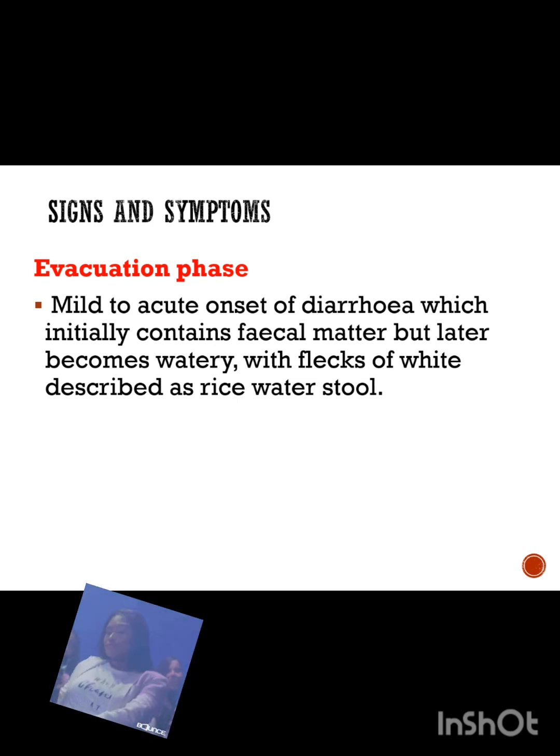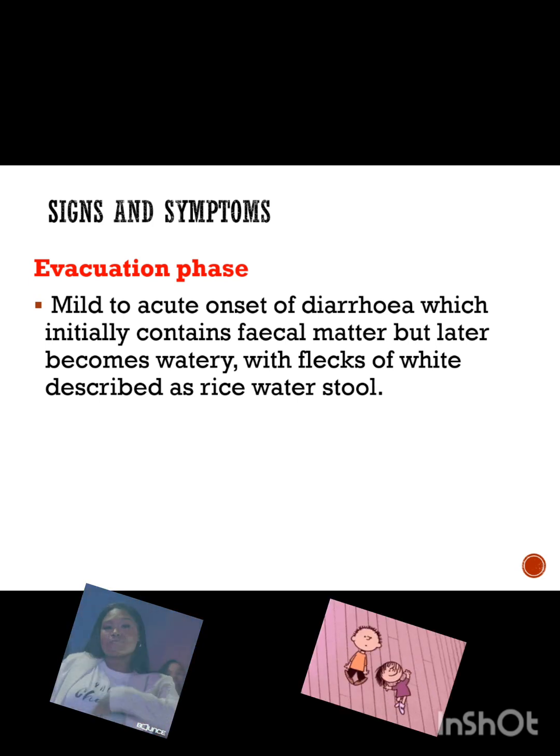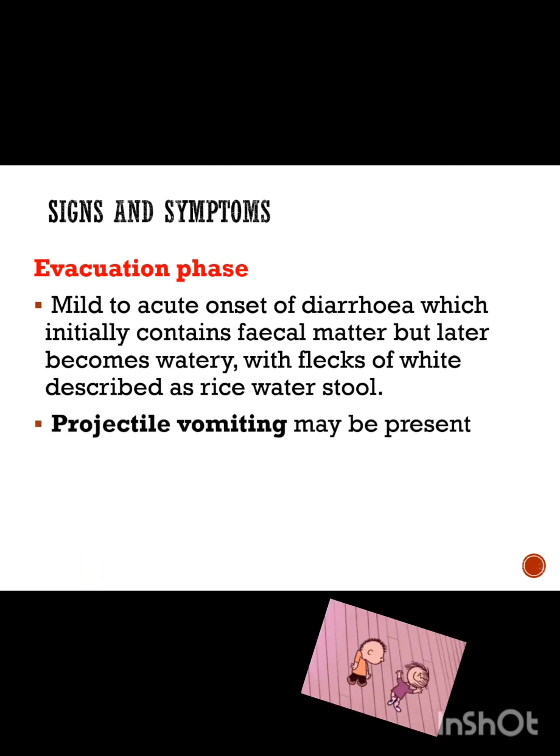This is now described as rice water stool. That is a characteristic sign in cholera. Then you have projectile vomiting. It is believed that the Vibrio cholerae will cause a type of reverse peristalsis. This is what causes the projectile vomiting.